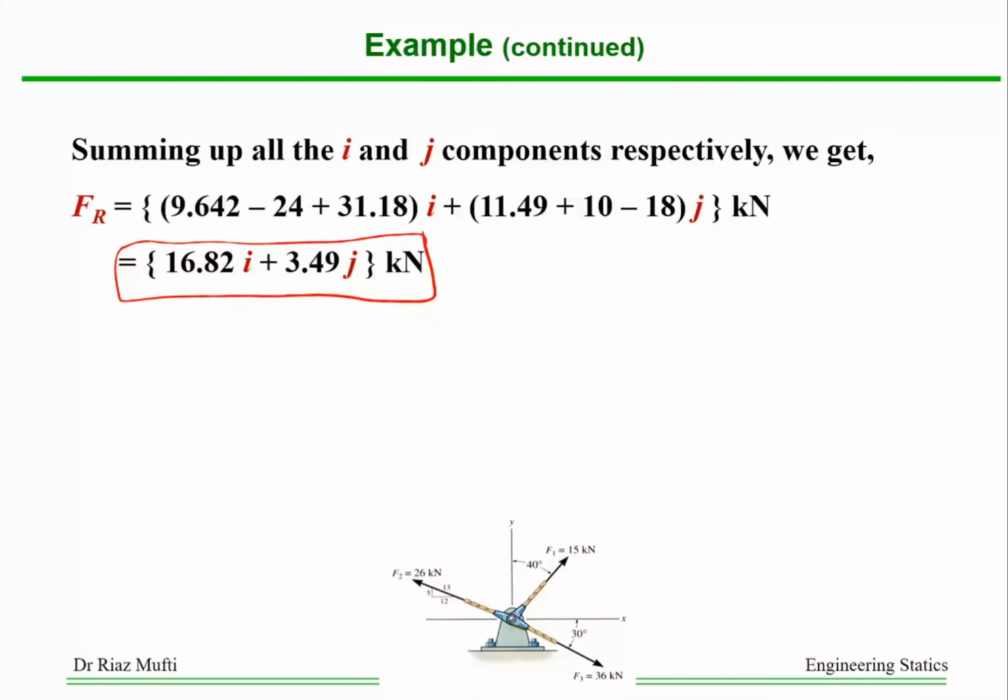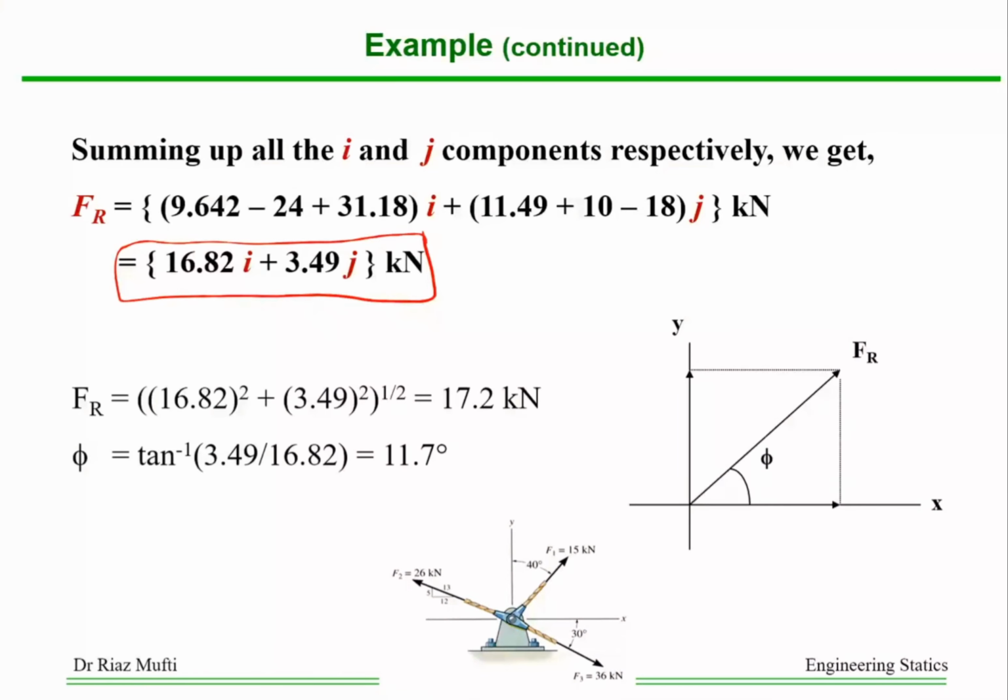Remember, I have my resultant in vector form. I need now the magnitude of my resultant, okay? And that's just, you know how to do it. Okay? And the answer comes out to be 17.2 kilonewton and the angle is 11.7.